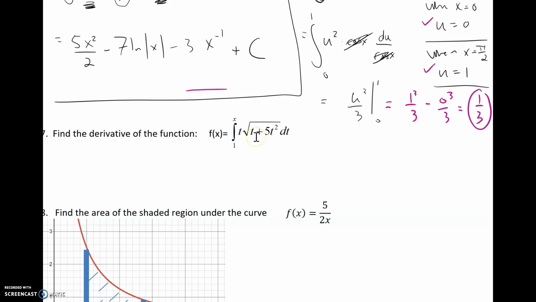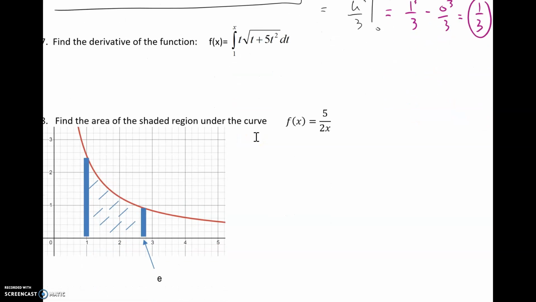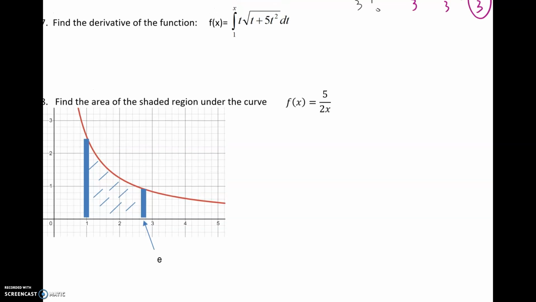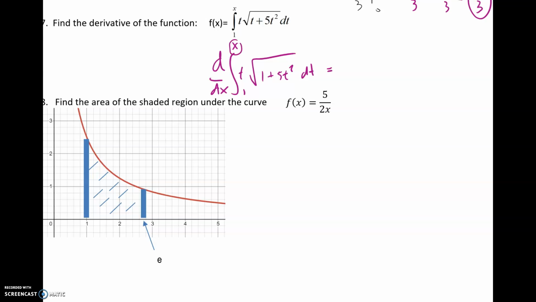Okay, if I want to take the derivative of this next function, I'm using what I called part 1 of the fundamental theorem of calculus. So this looks like a really complicated problem, but it's not. The derivative of f of x is the derivative of this thing. You can think about it as taking the antiderivative and then the derivative, so they cancel each other out, but we'll just have a new variable in there.